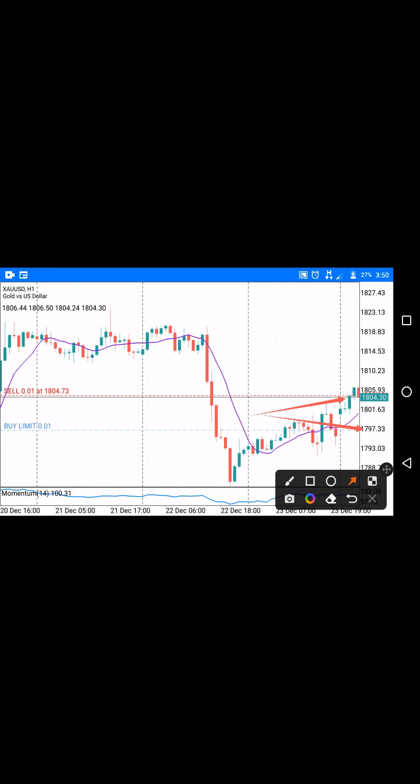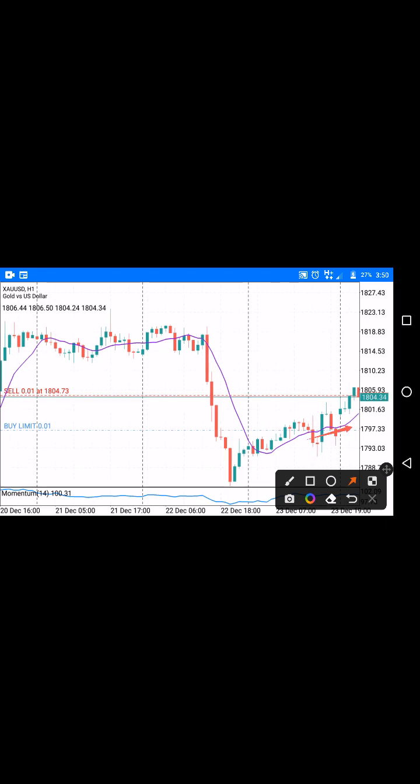So when it opens that trade, then in my prayer I'm expecting that the market should go up. When the market goes up from my buy limit, it will actually open a trade here.